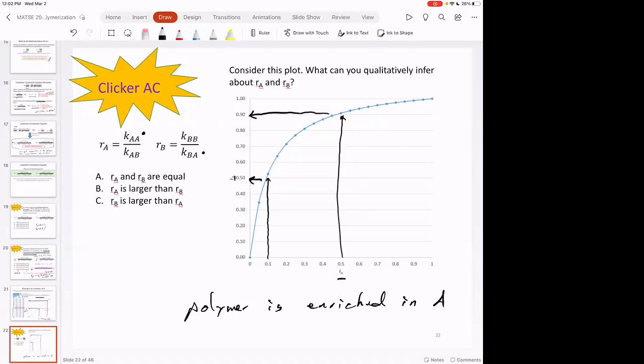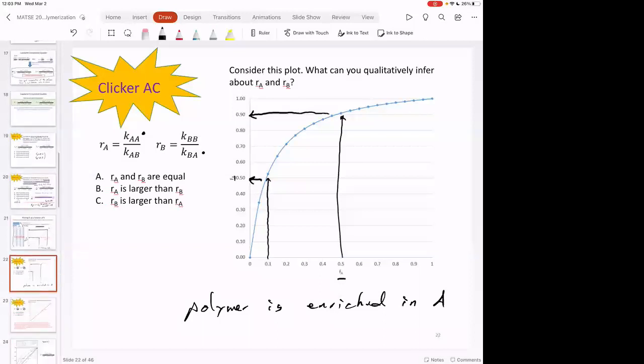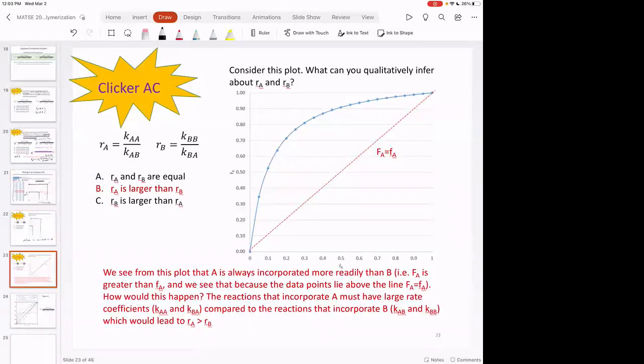If the numerator of one is high and the denominator of the other is high, what is the likely situation? Oh, awesome. I got 55 already. Great. So what that means is RA is larger than RB. If the numerator in RA is high and the denominator in RB is high, it's probably that RA is greater than RB. Don't put your stuff away. We still have one more slide to go.